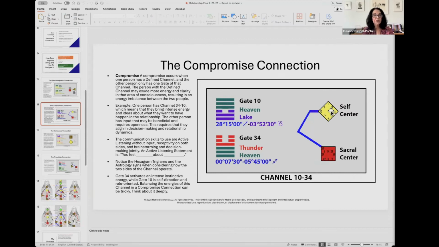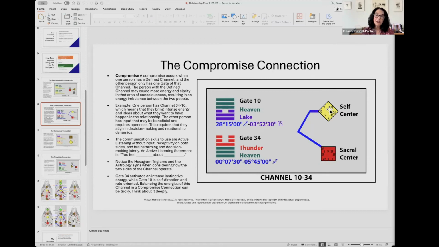The sacral center goes, uh-huh, uh-uh. And the self center says, this is right for me. This is the right role for me. This is the right thing for me to be doing. So when you have a person with the 34-10, they're going to be pretty strong in what they know they want. If they're with someone who has one of those gates, maybe they have the 10, maybe they have the 34, you need to listen.